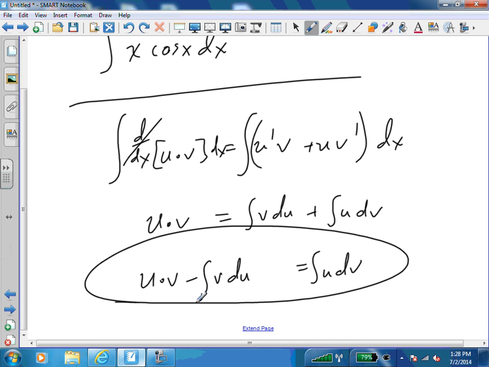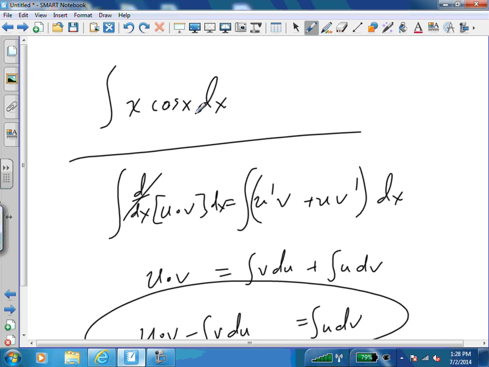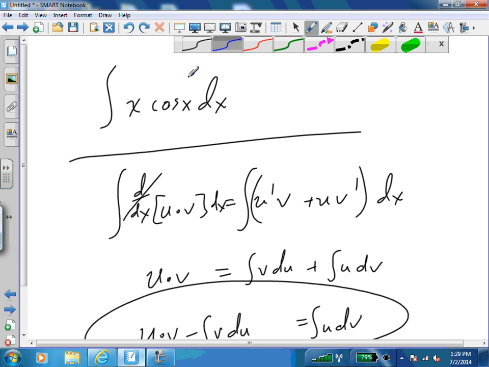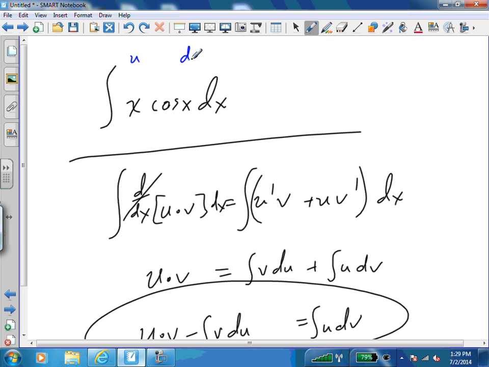If we have a function that we want to integrate that is a product, then often we can think of it as one of these pieces being u, one of these pieces being dv.